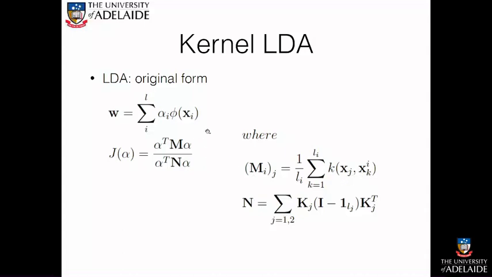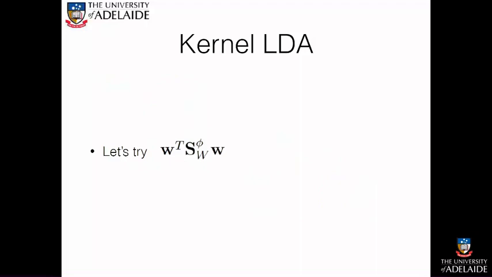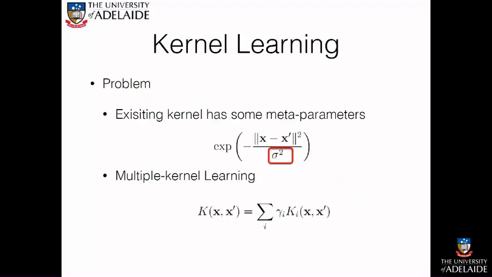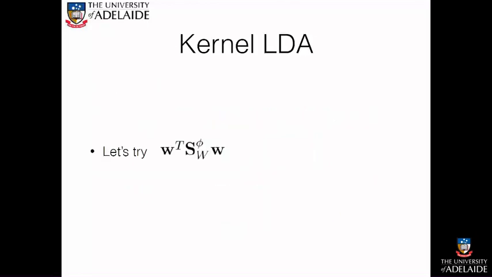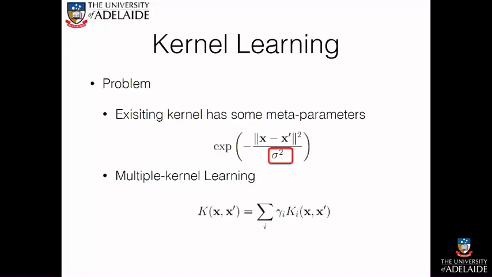You just replace the inner product with the kernel function. And I suggest everybody try to reformulate this to make it only depend on the inner product of the transformed features. If you do that, then you will see it's very easy to kernelize it.